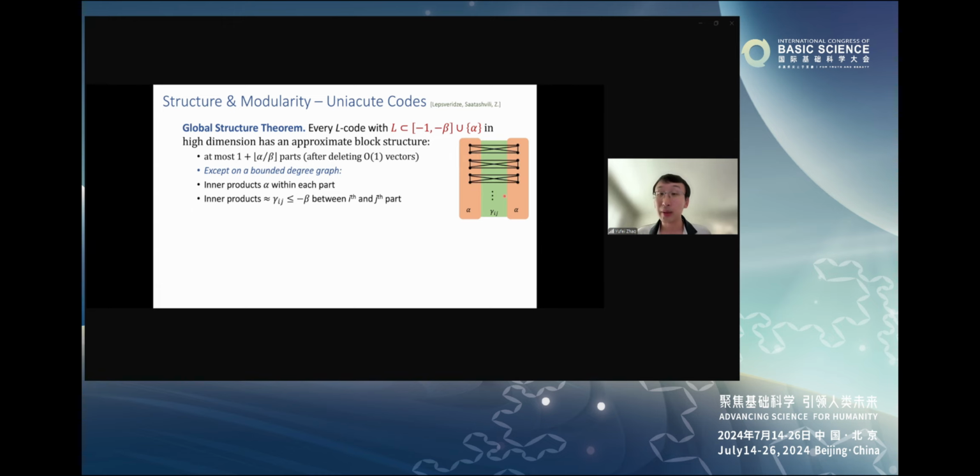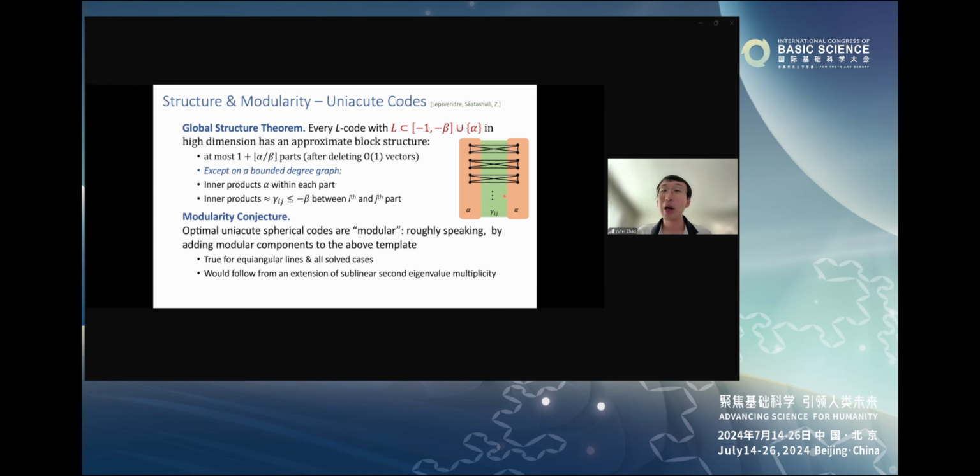But the key here is that there are some exceptions, right? So there are some edges in this graph that can differ from this template, and that difference actually is the key. So understanding what is the bounded degree graph that lies on top is very much at the crux of the problem, and we don't particularly understand this problem, especially through the lens of second eigenvalue multiplicities.